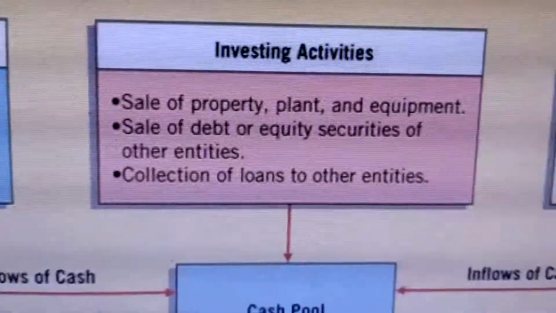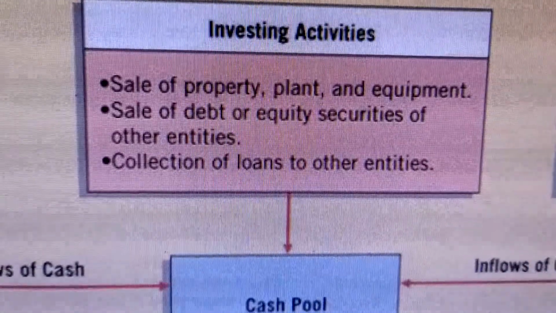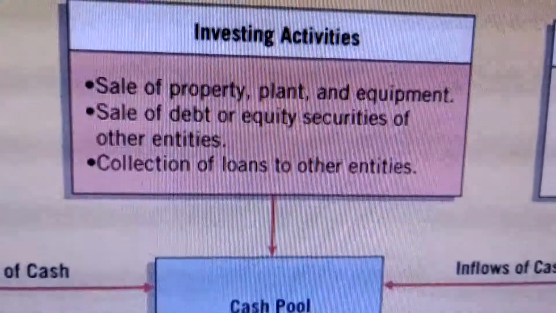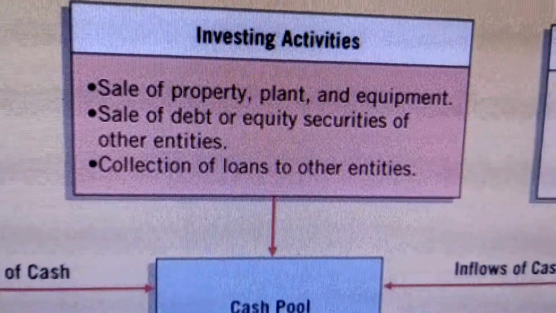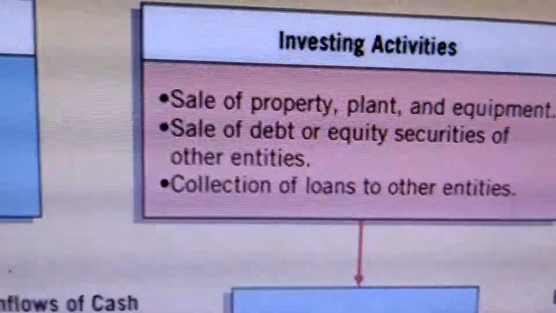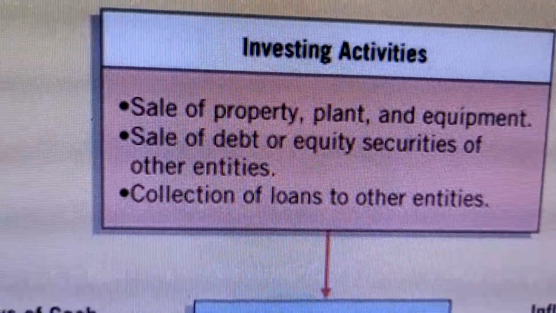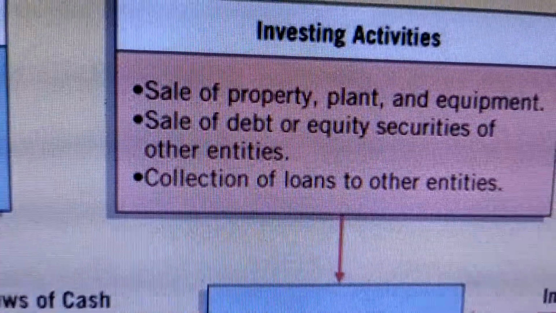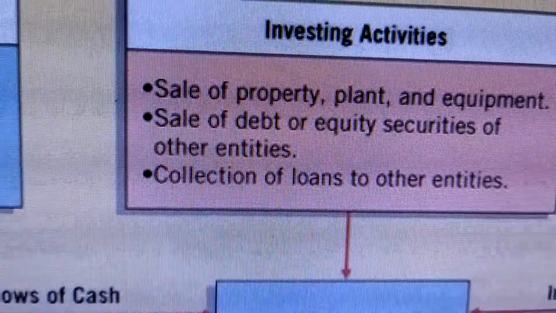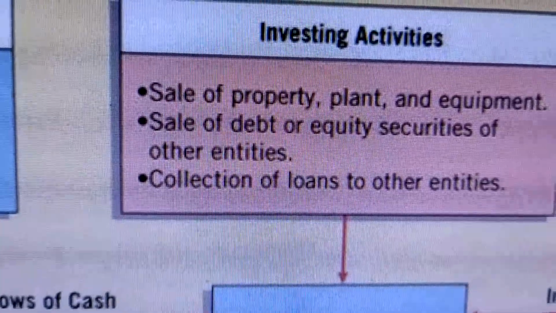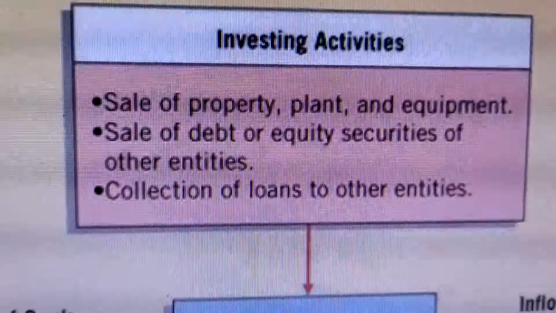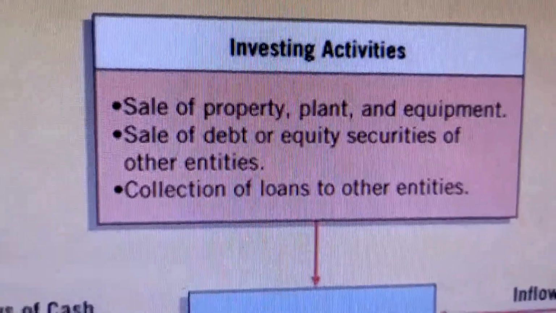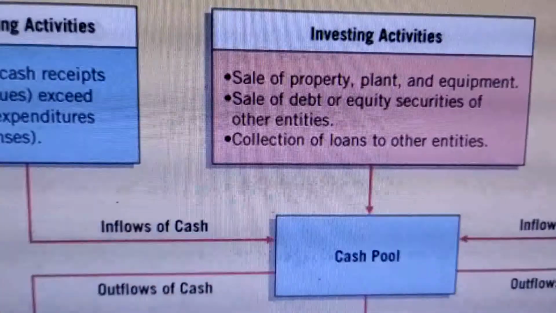The second one is investing activity. With the help of examples you may understand what investing activities are: sale of property, sale of plant and machinery, sale of equipment, sale of debt and equity securities, and collection of loans from other entities. Suppose in your company you have issued loans to third parties. If you collect the loan from them, it comes under inflow of cash.